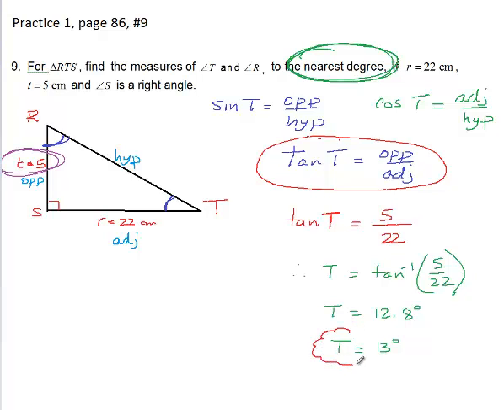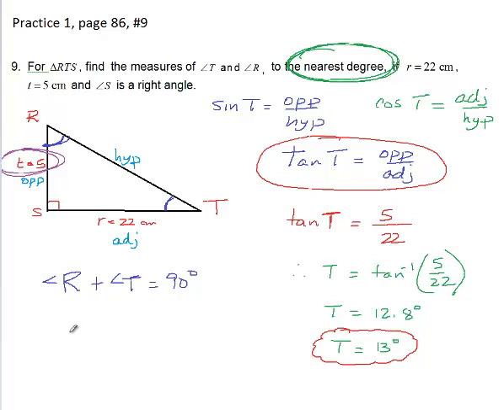Now you could do trigonometry again to find angle R, but we know that angle R plus angle T equals 90 degrees. If you add angle S to it, it would be 180, of course.